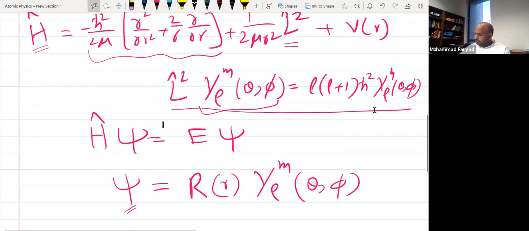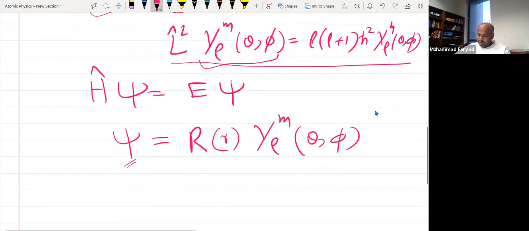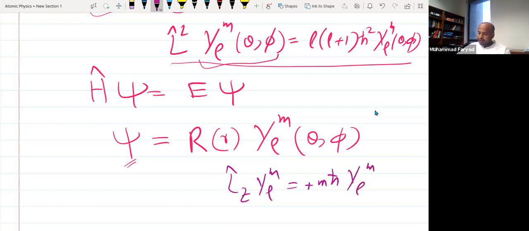And just a little bit more, these spherical harmonics happen to be the eigenfunctions of the L_z operator as well, which is minus i h bar partial by partial phi, and they give m h bar as the eigenvalue as well.